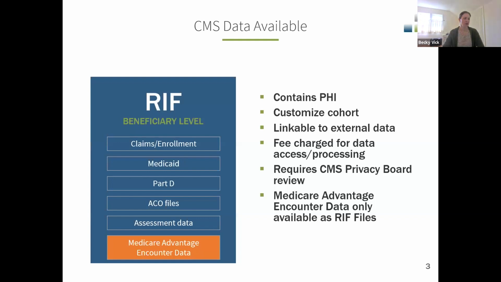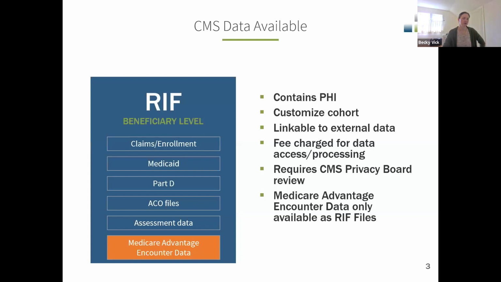All RIF requests require a research backbone. There must be a clearly defined study with specific aims and objectives, and ResDAC can help you with defining your research project so that it's acceptable and meets the requirements of CMS for approval.